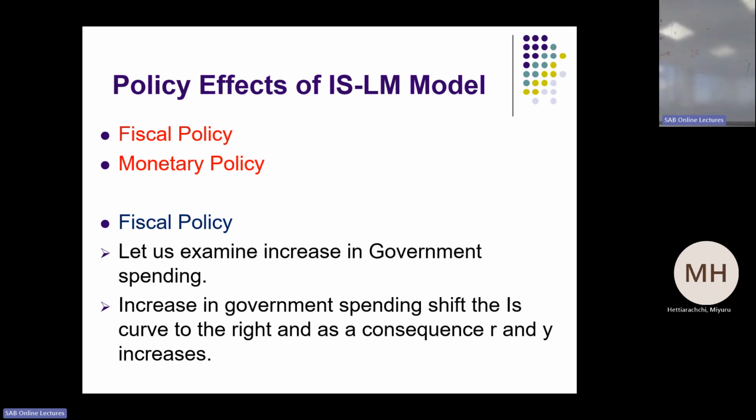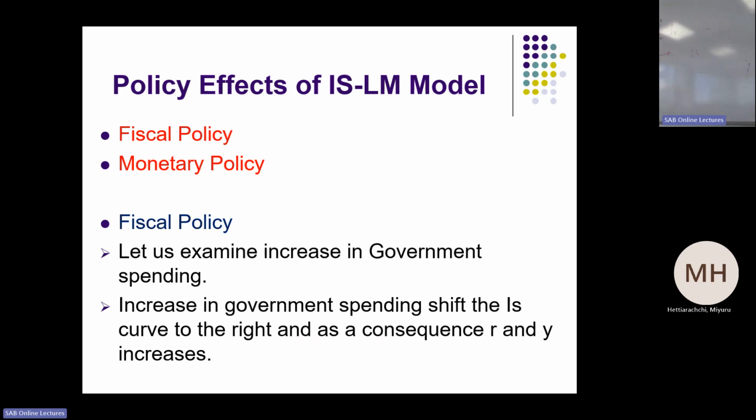So we can assume now, based on the assumptions, and look at the impact on equilibrium income and interest rate. So far we talk about those two areas. Once we derive aggregate demand and aggregate supply, based on this we can evaluate the impact on the price level as well.